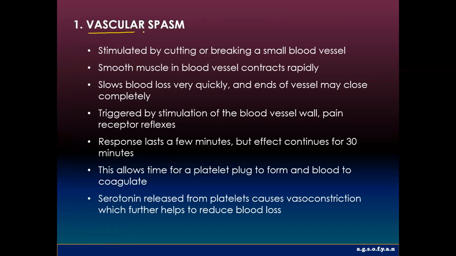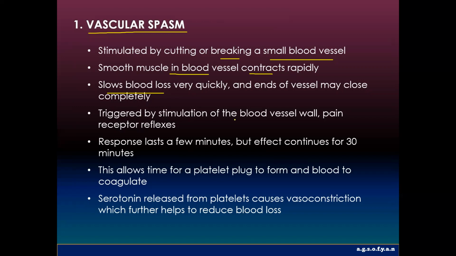So vascular spasm is the first stage. It is stimulated by the cutting or breaking of small blood vessels. The smooth muscle in the blood vessel will contract rapidly to constrict the vessels. It will slow the blood loss very quickly.